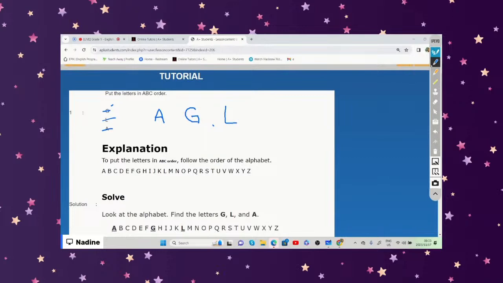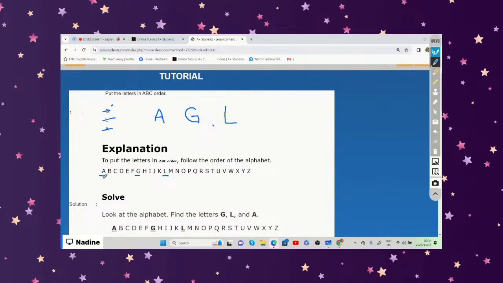So that is the way in which we put it in alphabetical order, meaning it's first A. If we go further down our alphabet, we have G, and then we have L. And that is us putting it in the A, B, C order.